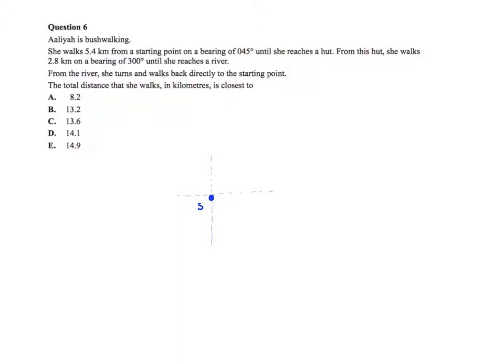Okay, now she walks on a bearing of 45 degrees for 5.4 kilometers. So I know 45 degrees is halfway. That's 90, so I'm going to go halfway between that, yeah? And off I go. I just draw another line. She goes out to another point, and I know that was 5.4 kilometers.